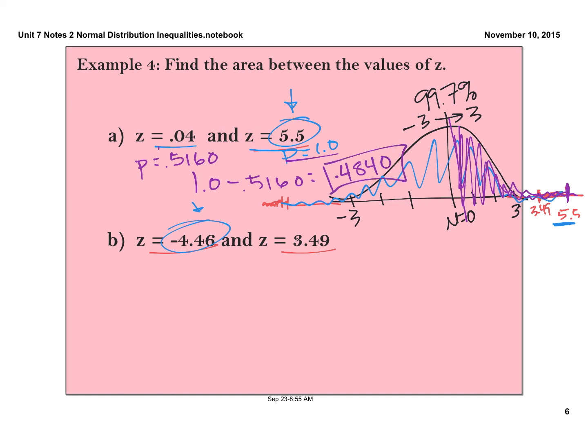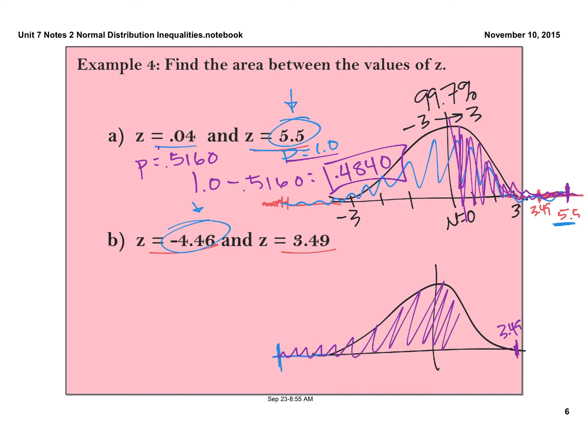Let's take a look at this one. If I draw a normal curve for this one, here's my mean. I'm looking at 3.49, which is way up here, way up at the top. And then negative 4.46, not even like measurable. It's not even on our chart, way down here. So guess what? The data that's between these two is essentially the entire curve.